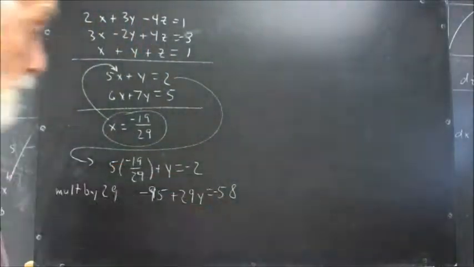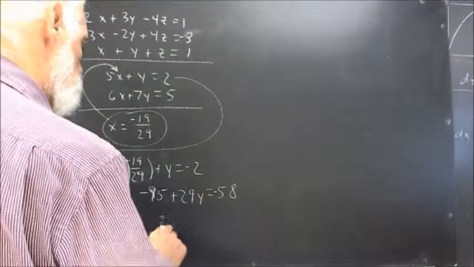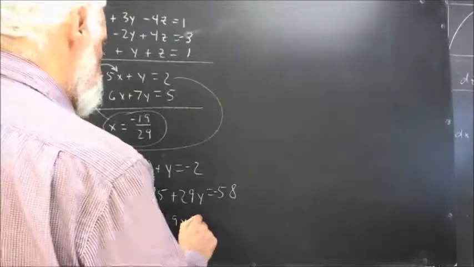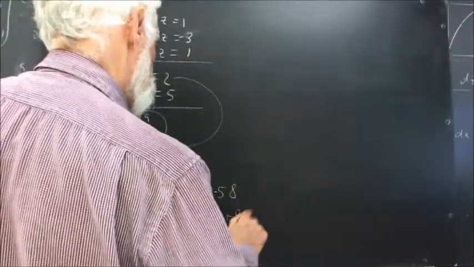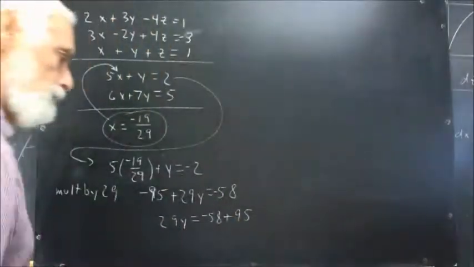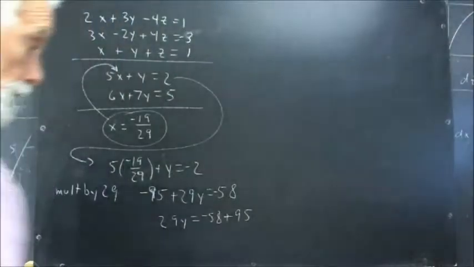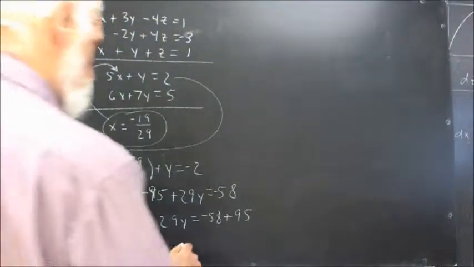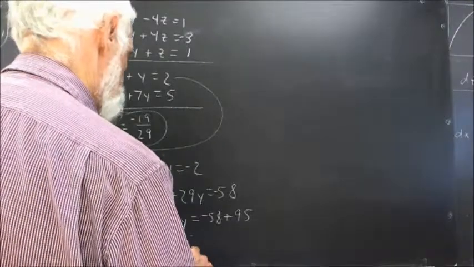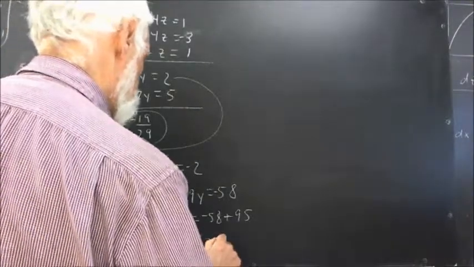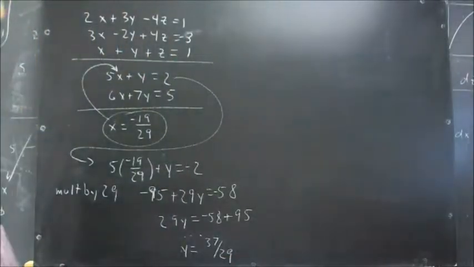Negative 2 times 29 is negative 58. And then we get 29y equals negative 58 plus 95. And negative 58 plus 95 is, let's see, that's 37. So y, I think, is going to be 37 over 29.